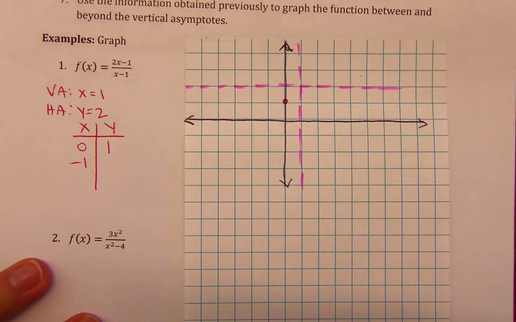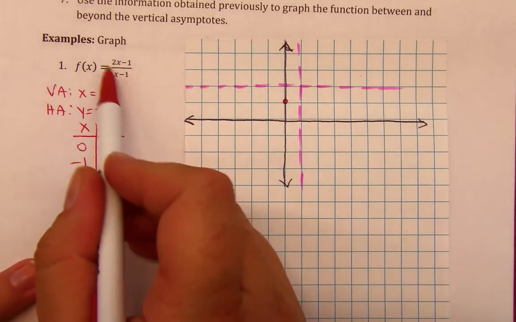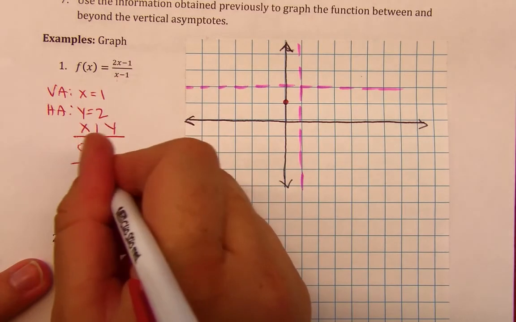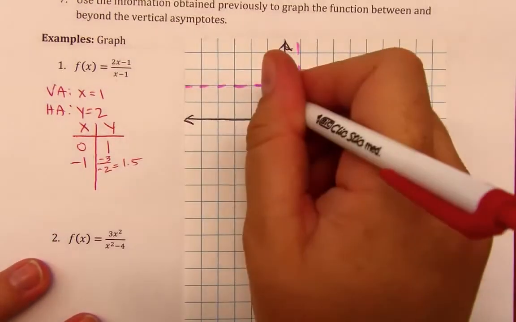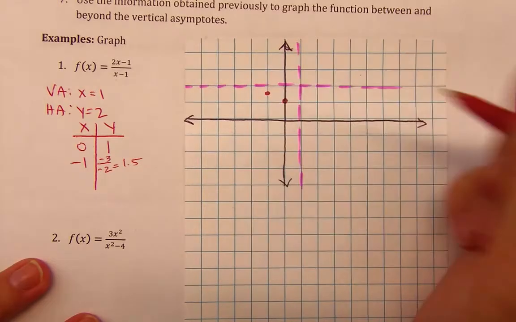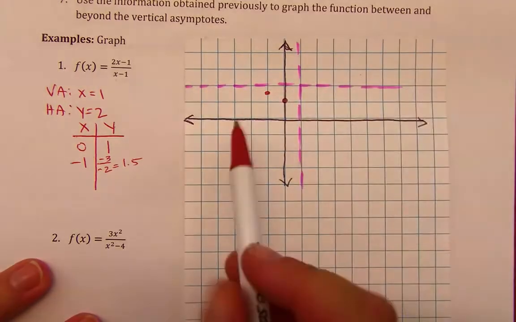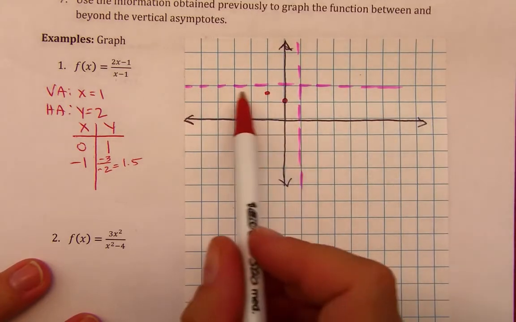So plugging in -1, I end up with -3 on top, and then -1 minus 1 is -2, so that would be 1.5. And based off of this information and knowing kind of how rational functions work, my guess is that this is going to be something like this.